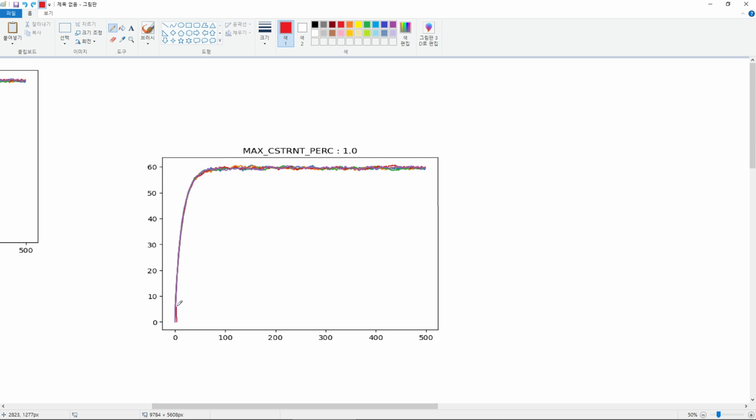And this is just by mutation. And then up to here, regardless of the maximum constraint percentage, this is mutation plus procreate function, or parent selection procreate.